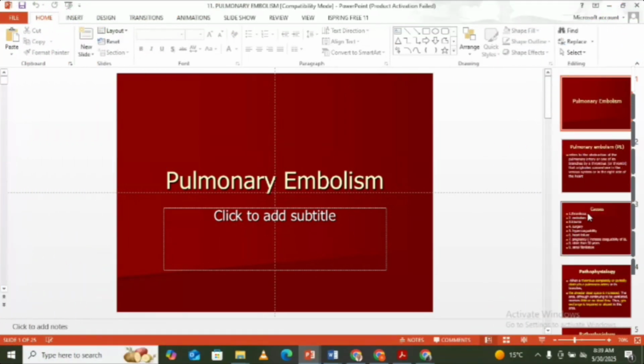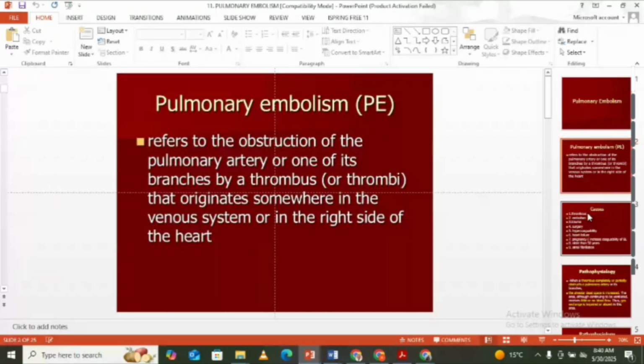Let's talk about the last condition for today. That is pulmonary embolism, which involves a series of hemodynamic, respiratory, and inflammatory responses as a result of an obstruction within the pulmonary arterial circulation.